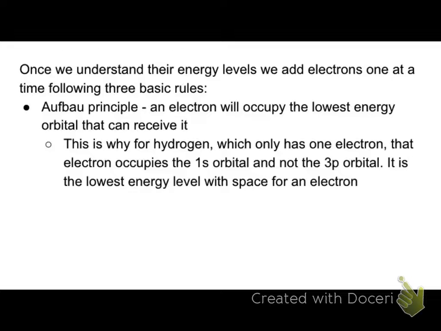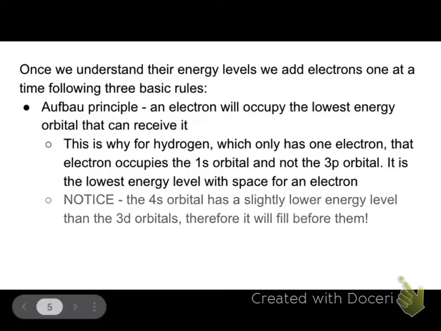That's why hydrogen only has one single electron, and that electron is always in the 1s orbital. It's never in the 3p orbital because the 1s orbital is empty and it's the lowest possible energy level, so that's where the electron goes.